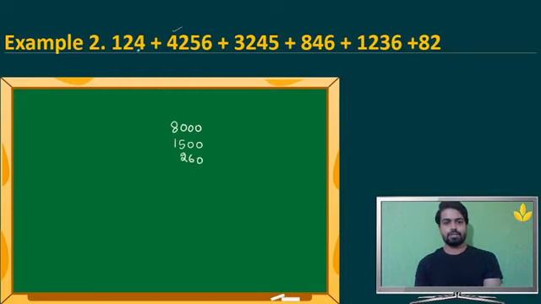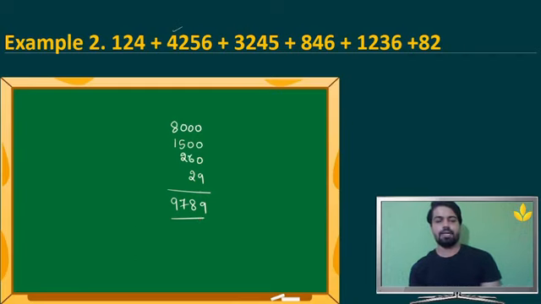And coming to units, this is easy. 6 plus 4, 10. Again 15, 21, 27, 29. So now we have 9,789. This is the sum. See, I am not writing much, only the answer with limited steps.